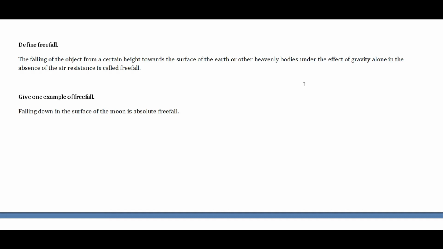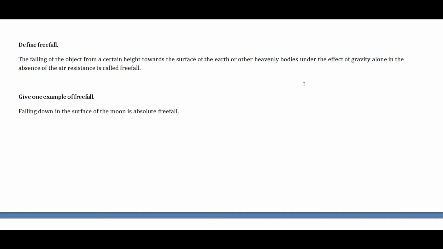That means the air resistance cannot act on the object. So if the object is falling downward on the surface of the moon, then it is only due to the force of gravity of the moon. The force of gravity of the moon pulls the object in a downward direction, and other forces cannot act on the object. So falling down on the surface of the moon is absolute free fall.